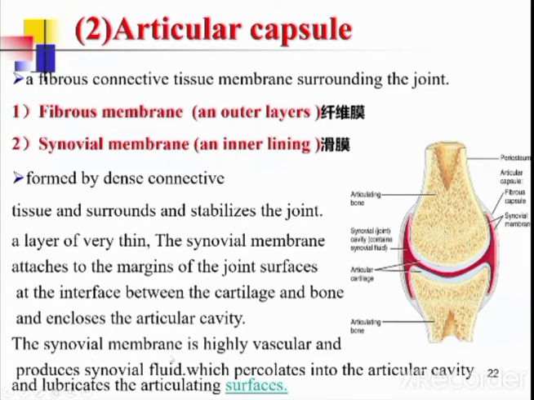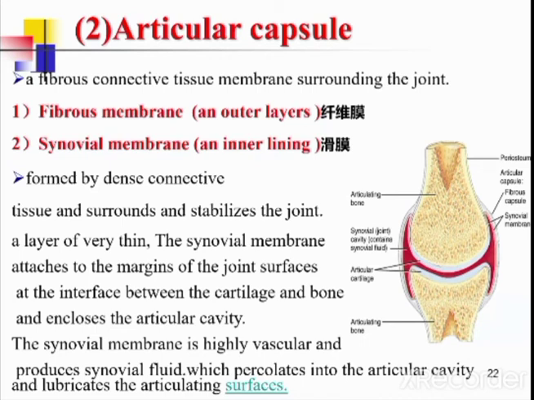The synovial membrane is highly vascular and produces synovial fluid, which percolates into the articular cavity and lubricates the articulating surfaces. So the function of the synovial membrane is very important.